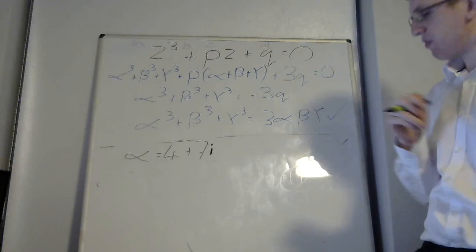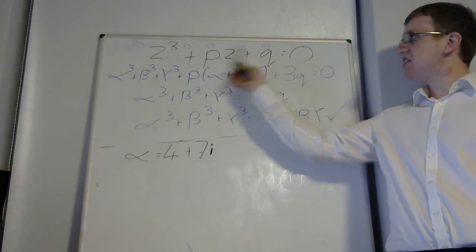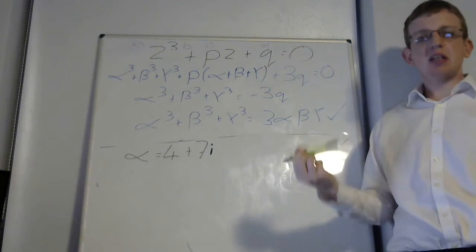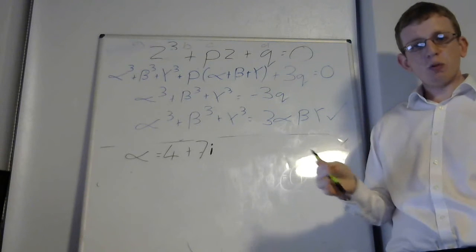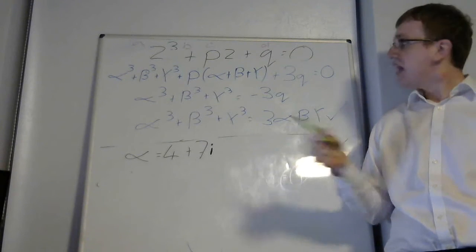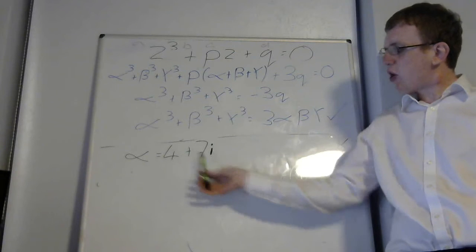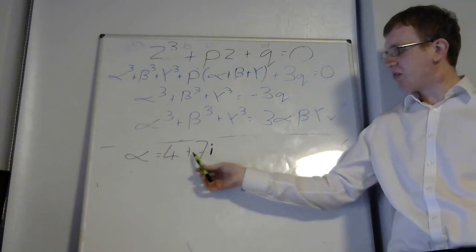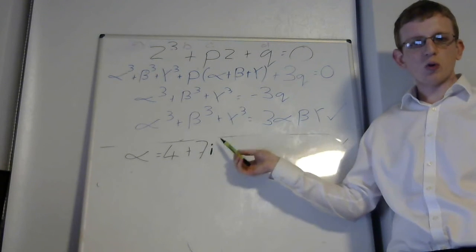They give you a clue in the question. They say that your coefficients p and q are real. And that's really important because there's a theorem that says if we have a polynomial with real coefficients, if we have a complex root, then we know that the complex conjugate, the same thing but with the sign switched, must also be a root.